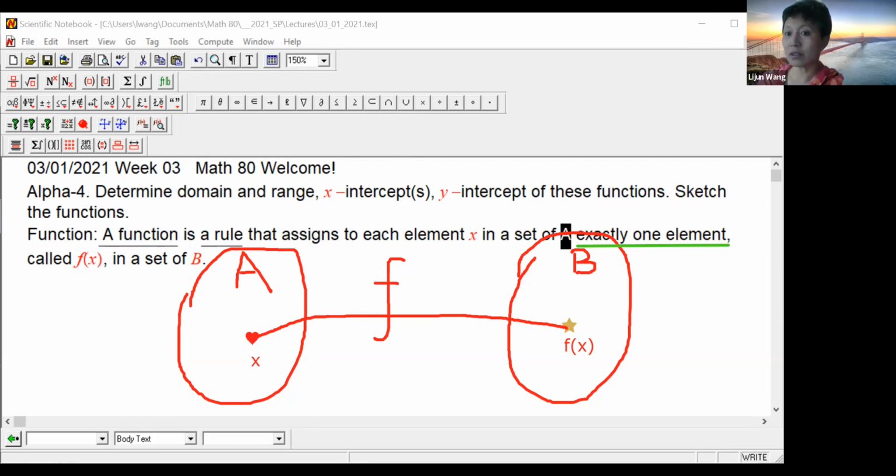Exactly one certainly is different from one, right? Exactly one means that you have one, you cannot have less than one certainly, but you cannot have more than one either. So exactly one means unique.